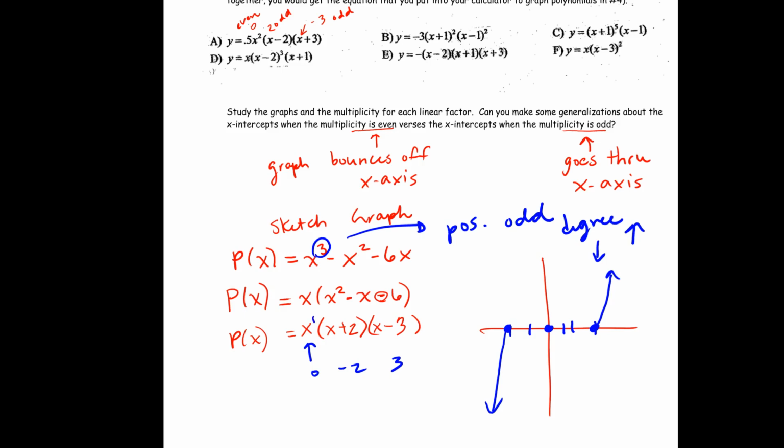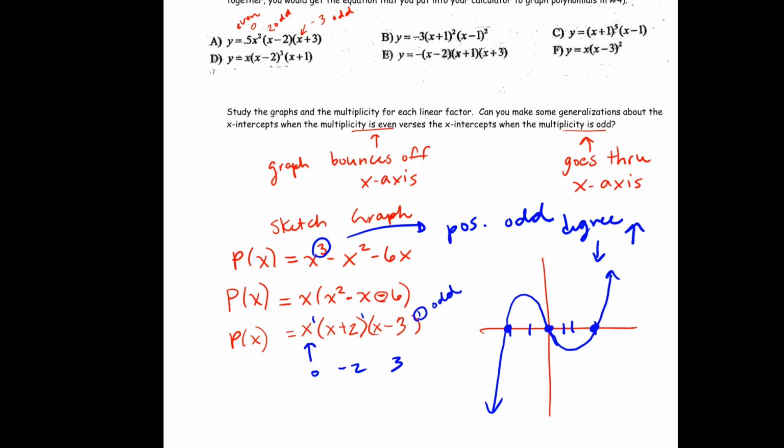X is raised to the first power, x plus 2 is to the first power, x minus 3 is to the first power. Those are all even or odd degrees? Odd degrees. So what does that mean is going to happen at each zero value? It's going to go through. So I don't know the exact values, but I know it's going to go through, it's going to go through, and it's going to go through.